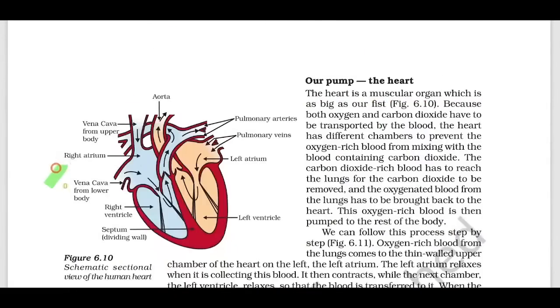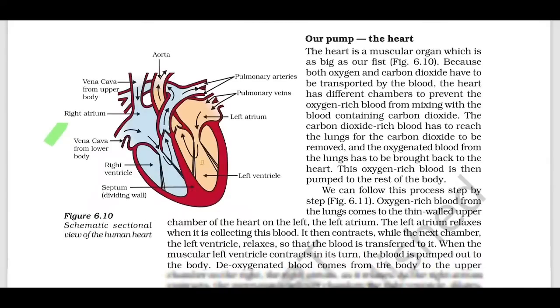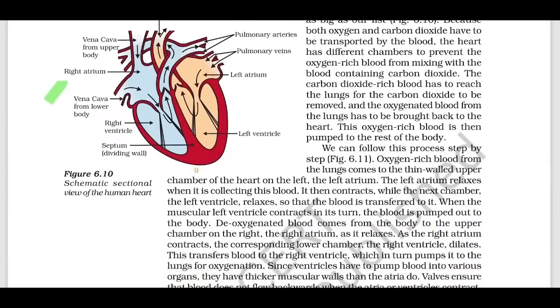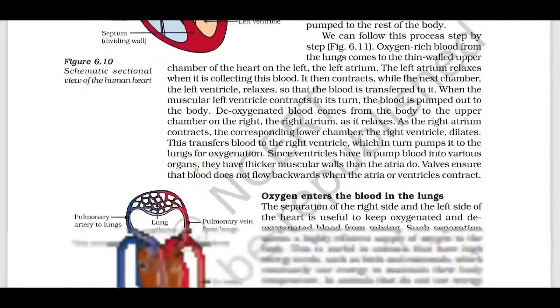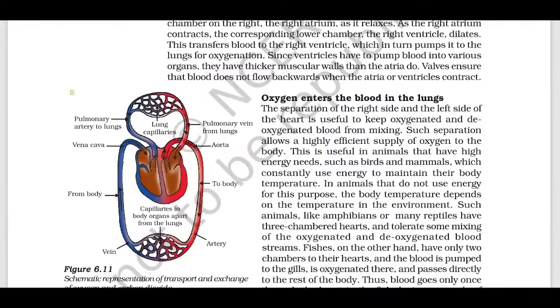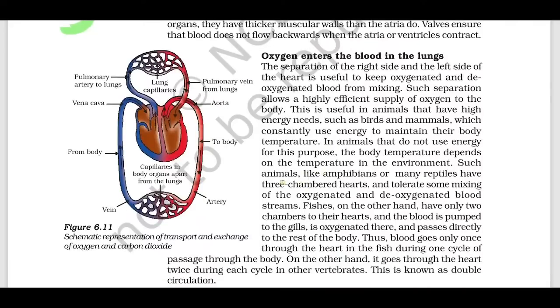So, the important diagram: the heart, and also the function of each part of the heart, and double circulation. The concept of double circulation is also very important. The 3-chambered heart is more advantageous than the 2-chambered heart.